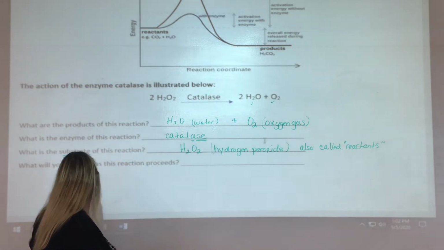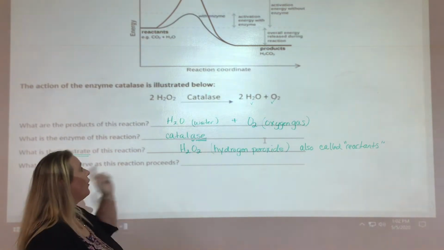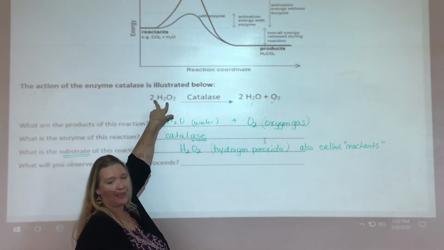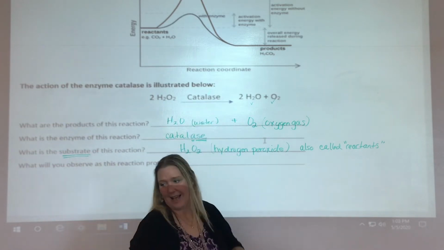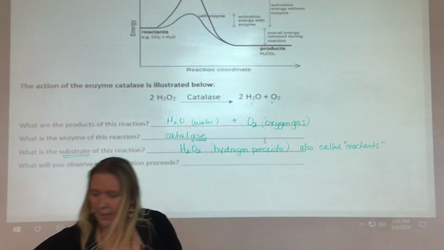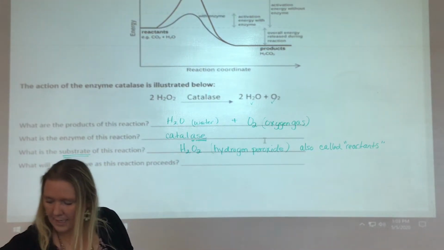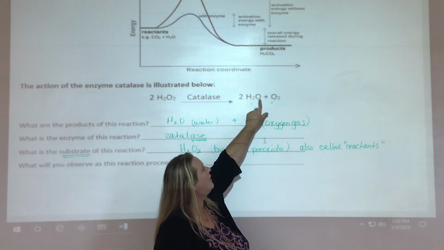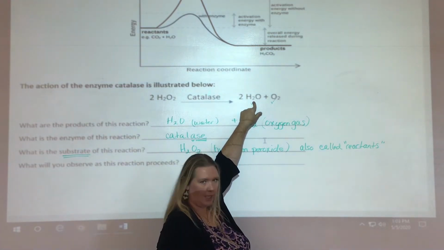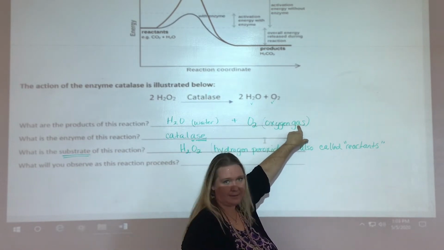Okay? What will you observe in this reaction as it proceeds? We're looking at hydrogen peroxide, a clear liquid, with an enzyme, so I'm going to hold up the beaker, that's also a clear liquid. The enzyme is dissolved in that water. And we're going to be looking at water, which is also a clear liquid. And then we have this oxygen gas.